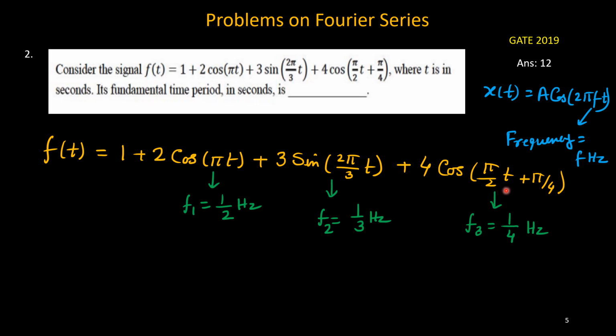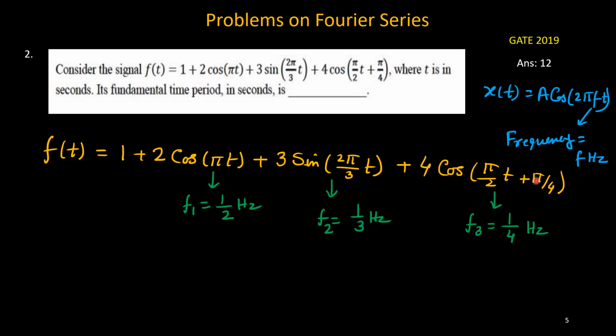Now, this signal f(t) will be periodic if the sine or cosine components have frequencies that are integer multiples of the fundamental frequency. All the components should have integer multiples of the fundamental frequency, then only the signal is periodic.